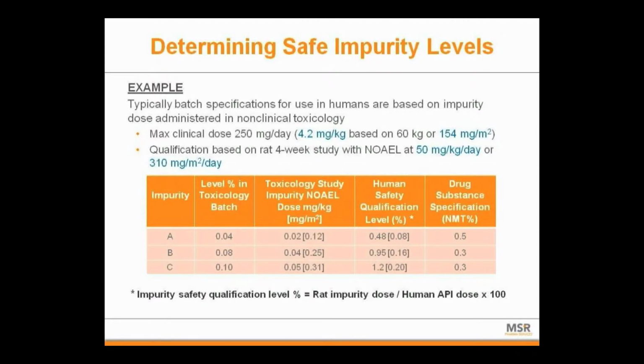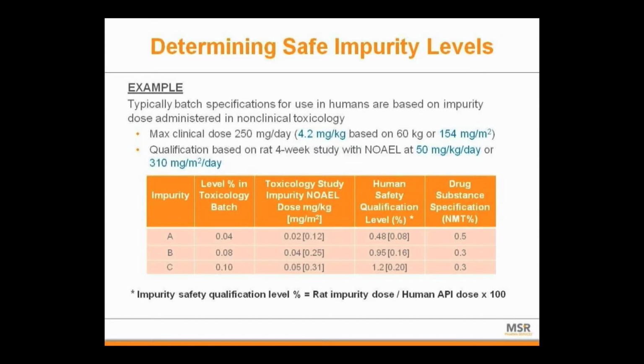And then the human safety qualification level is simply the rat impurity dose divided by your human API dose, which would give you the percent that would be qualified in the human study if given 250 milligrams per day. And so what you see here on a body weight basis, you're at about 0.5, and then the drug substance is also 0.5. But on a body surface area, you're 0.08. So quite a big difference, in fact, about 7 with regard to human safety qualification level.